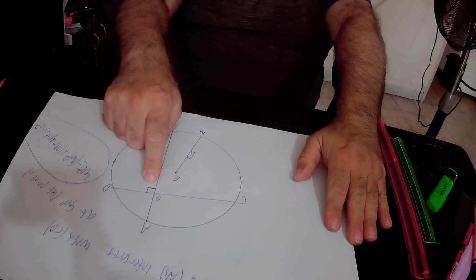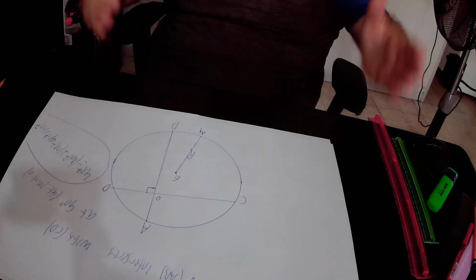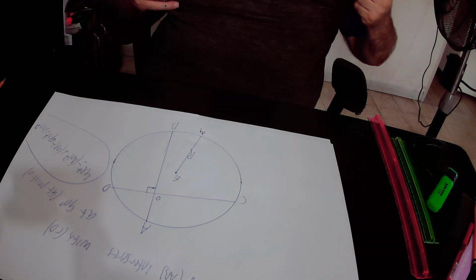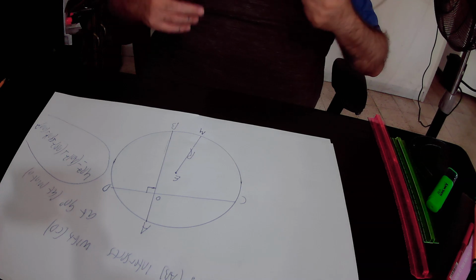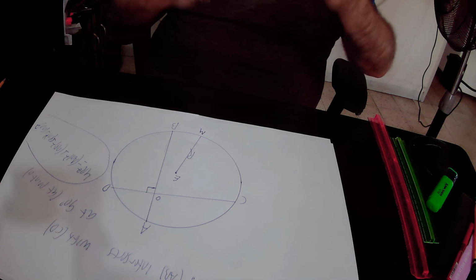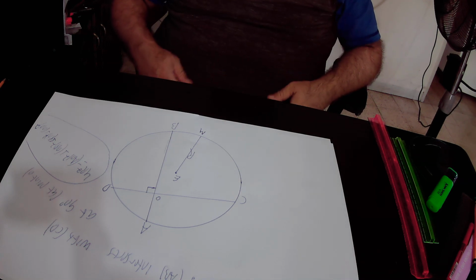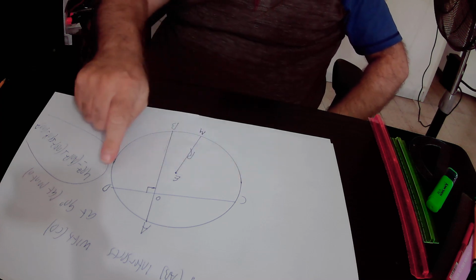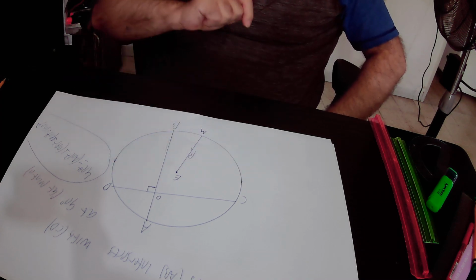So whenever you have two chords that intersect at 90 degrees, you can implement rule number 4.